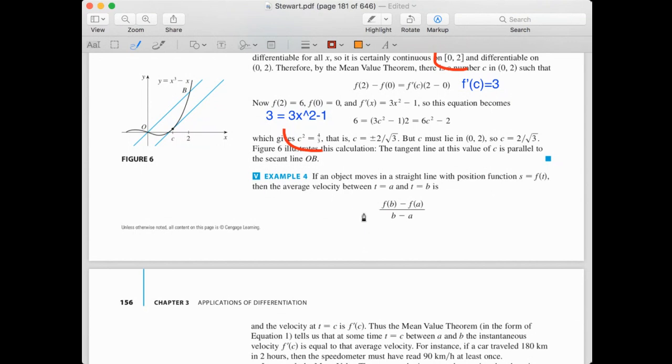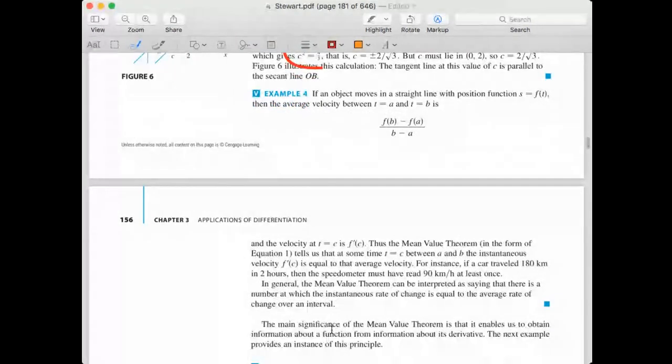So this is true, right? Because the velocity equals the slope of the tangent line. So this is using that. The velocity equals the slope of the tangent line. And what is the velocity? Velocity at c is f prime of c, right? So then we can write this equals f prime of c.